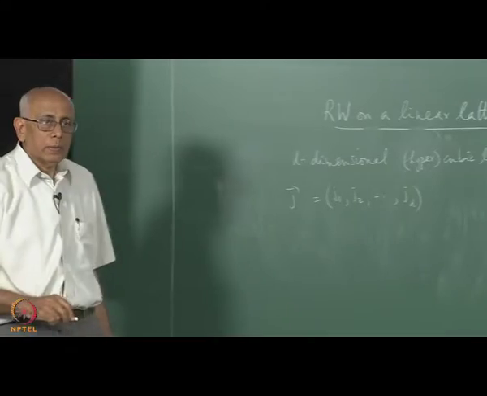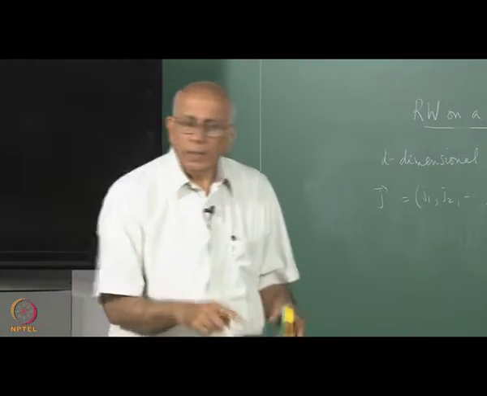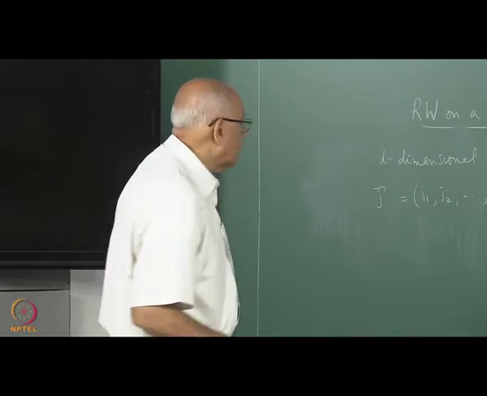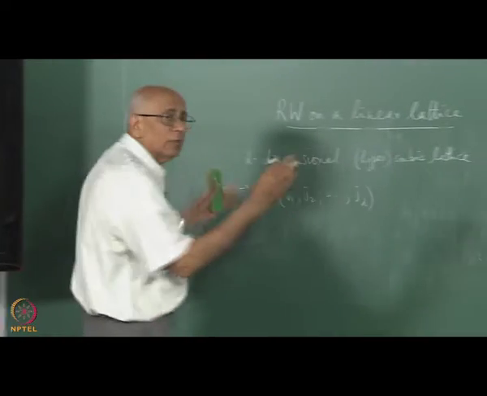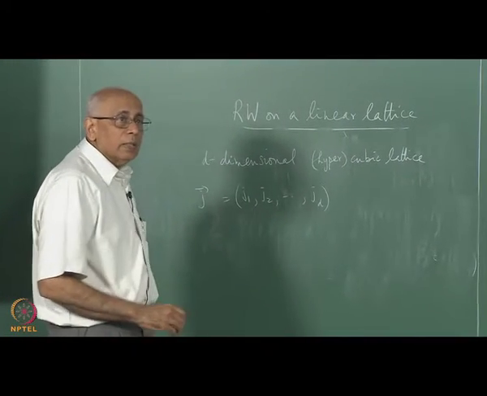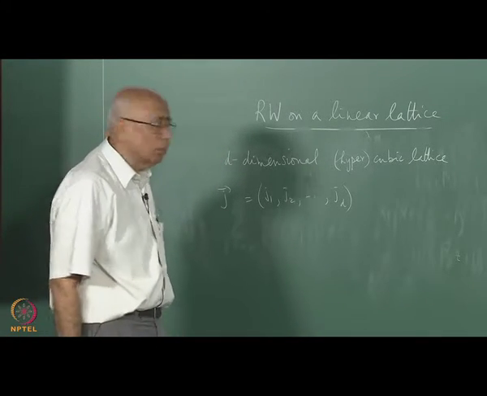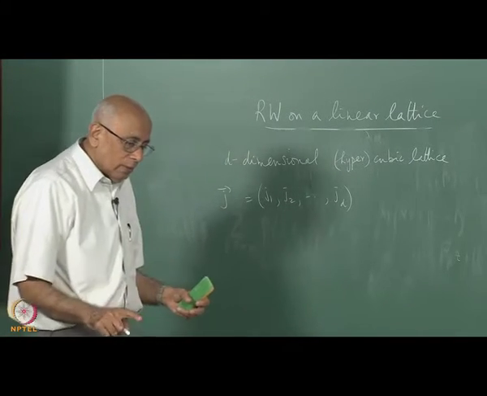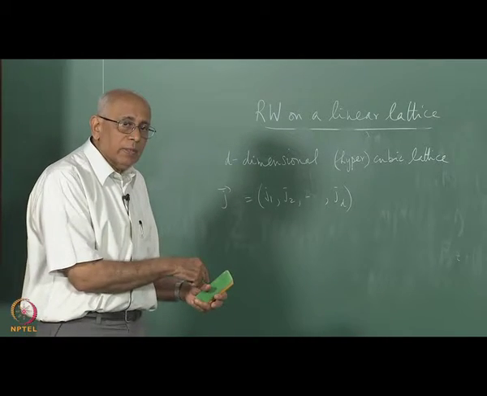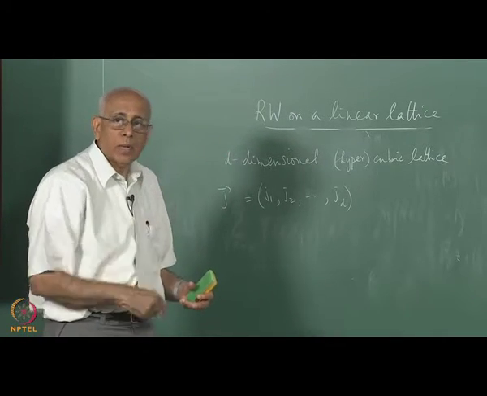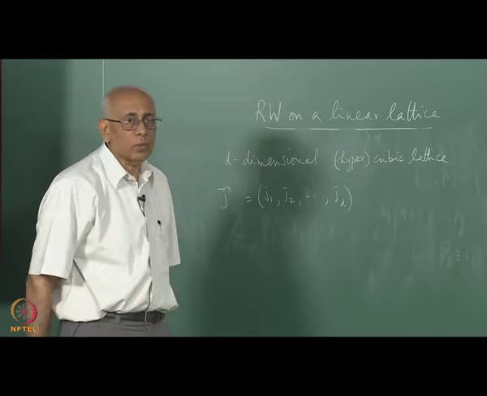Okay. So the components are all integers and they label the lattice point. Right. I start with some arbitrary origin, it is an infinite lattice, and then suppose I put biases on both sides, which you can always do. So to move to the right there is a probability, to move to the left there is a different probability, to move up or down or move in or out and so on, right.